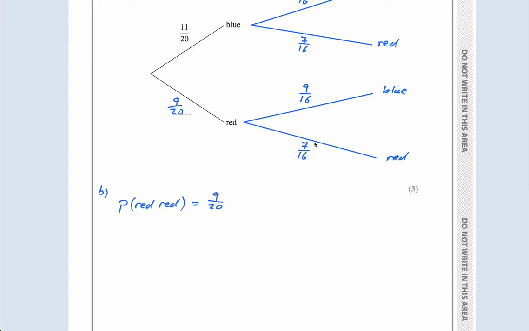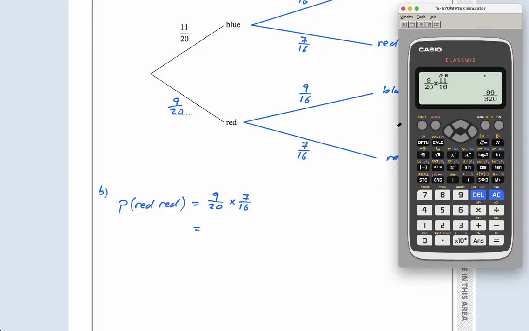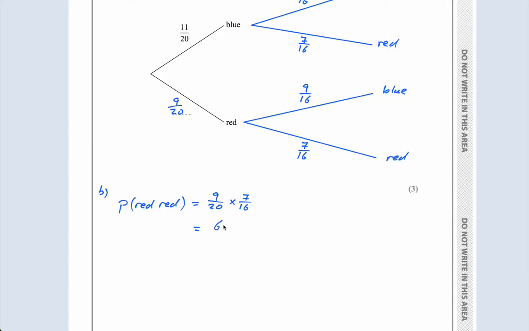So 9 over 20 times 7 over 16, which gives me, let's use our calculator, 9 over 20 times 7 over 16 gives me 63 over 320, right? It did not simplify. 63 over 320.